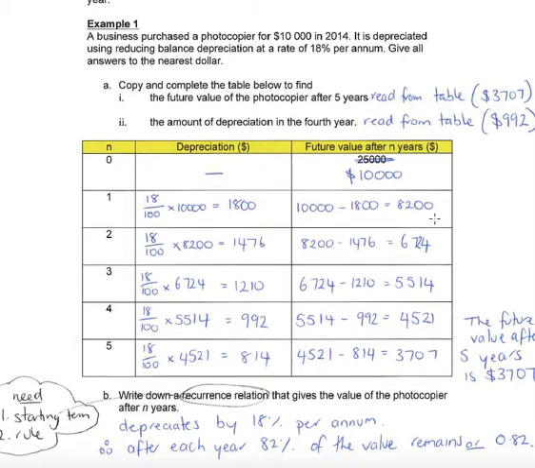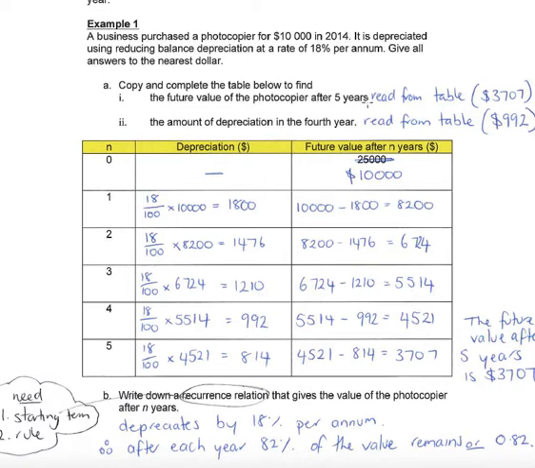In the second year, instead of using the 10,000 as we did before, we're using 8,200 and multiplying that by 18 over 100, which gives us a lower depreciation, and subtracting that through. So each year we're using the value of the year before, multiplying it by 18% and subtracting that depreciation from it.